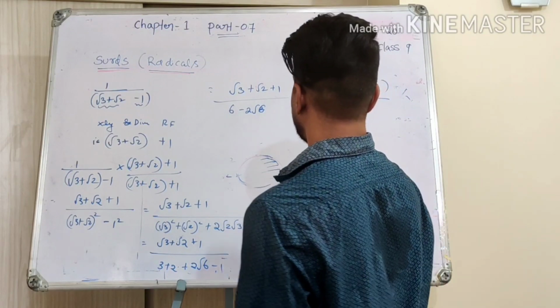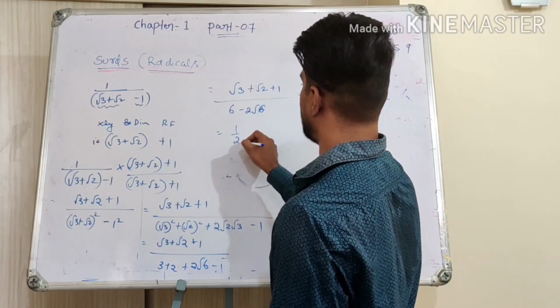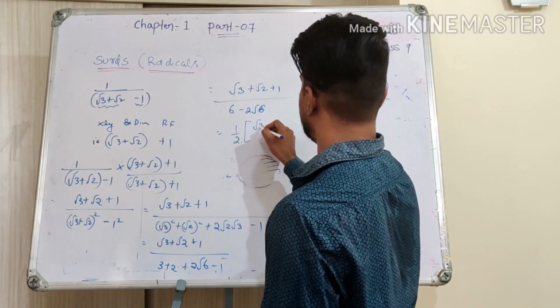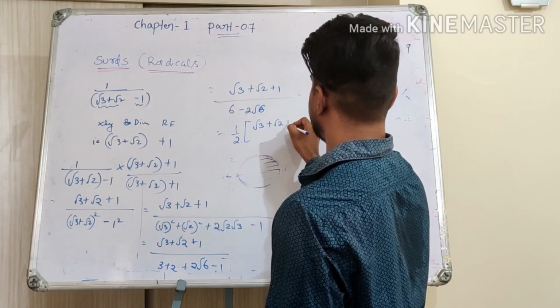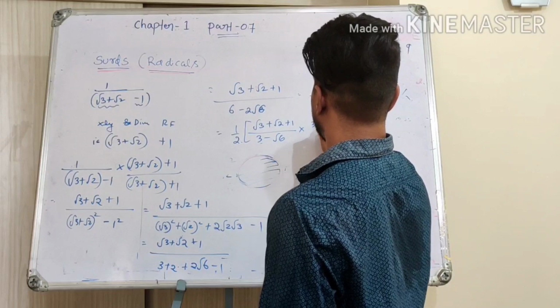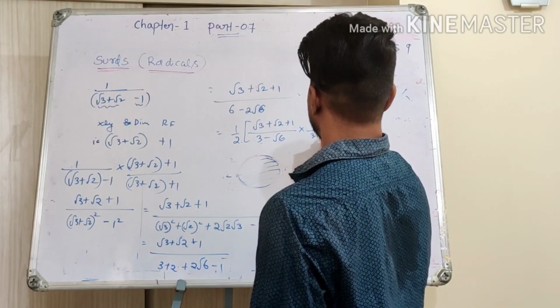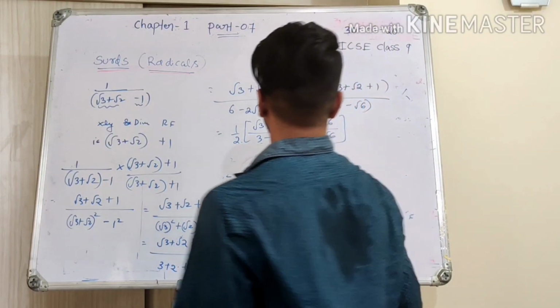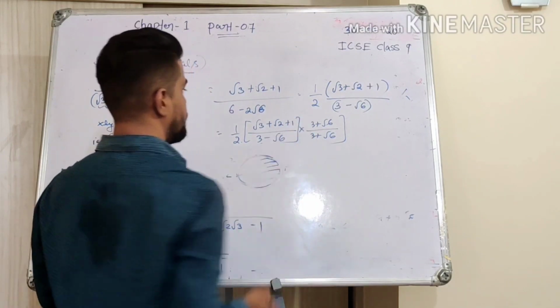Getting it? So 3 minus root 6. So 1 by 2 I'll keep it as it is. Again I rationalize the denominator. So what is the rationalization factor of this? 3 minus root 6. 3 plus root 6. So this you have to multiply.